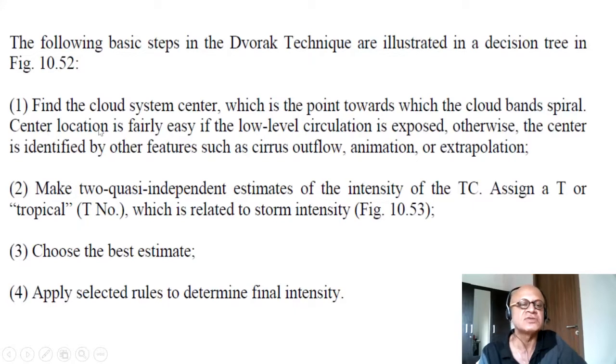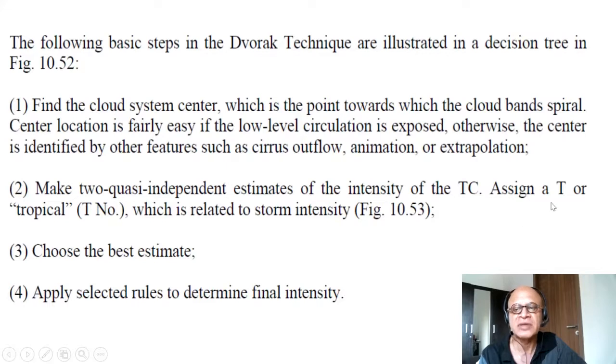There is a basic decision tree that's used. Find the cloud system center, which is the point towards which the cloud bands spiral in. Center location is fairly easy if the low-level circulation is exposed. Otherwise, the center is identified by other features such as the cirrus outflow, animation, or extrapolation. Make two quasi-independent estimates of the intensity of the tropical cyclone.